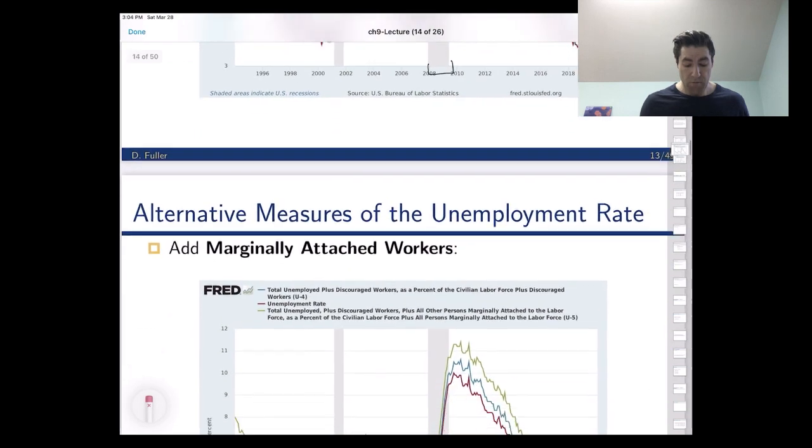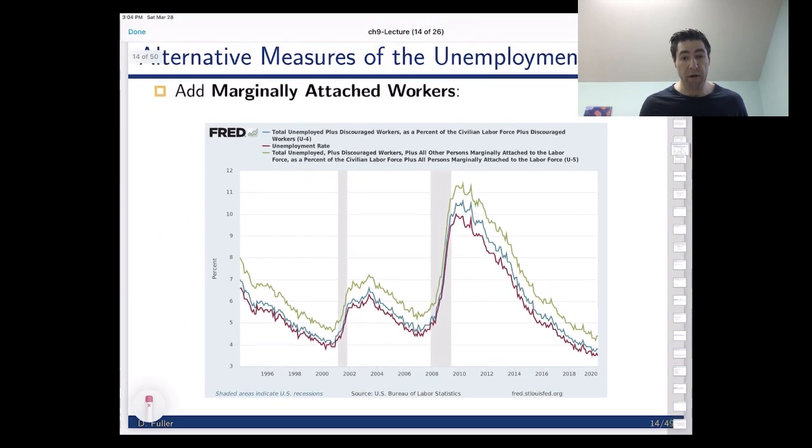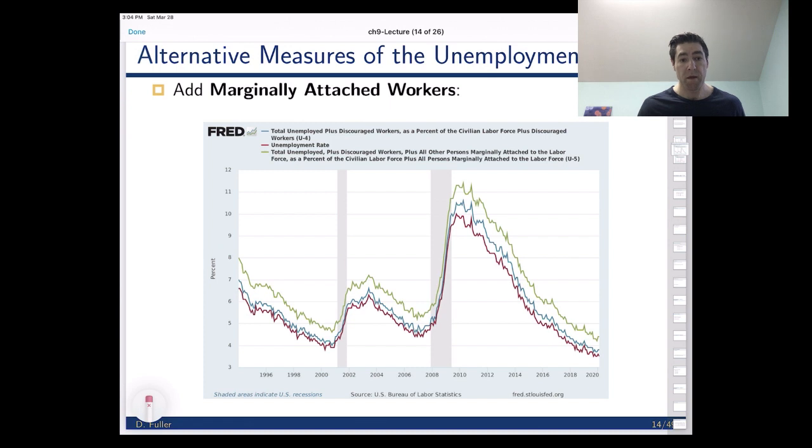So if we go on, you can keep going in this same direction, and from U4, we could add another group of people that are marginally attached workers. Now, marginally attached workers are people, again, who are not in the labor force. They're not looking, but they're able and available to work.